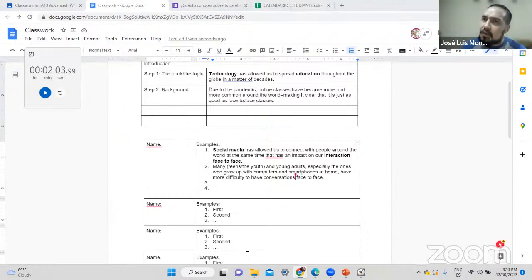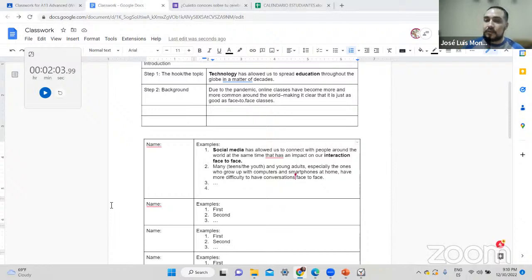Yes, you can do it. It's a possibility, but it's not a requirement. And sometimes it's not a good idea because here you are saying things that you think. It doesn't have to be specific. So it's better that all the citations and the quotes are saved for the body paragraphs. At least in this type of essay, that's what we expect.